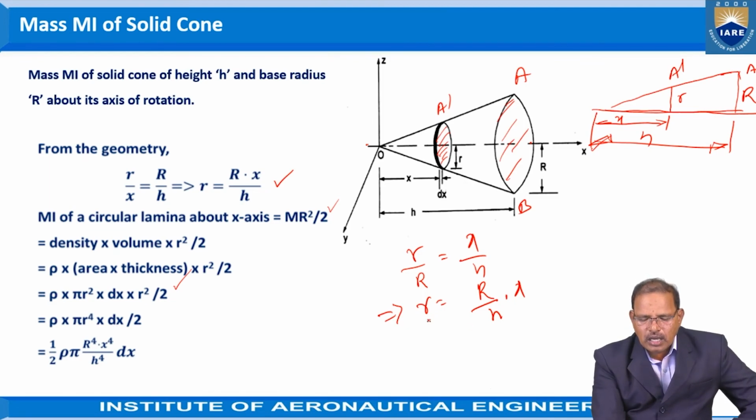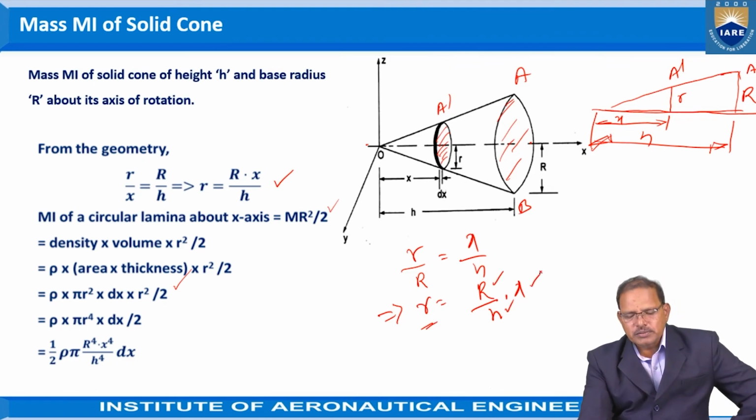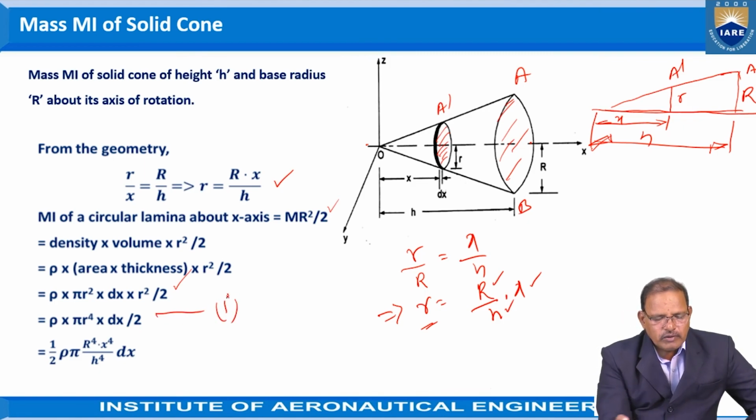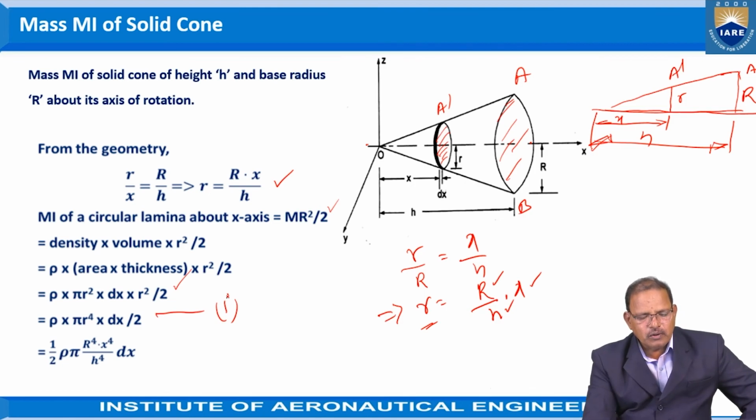But here r is equal to R by h into x. Substituting r equal to R by h into x in equation number 1, we have 1 by 2 into rho pi into R to the power of 4 divided by h to the power of 4 into x to the power of 4 into dx.